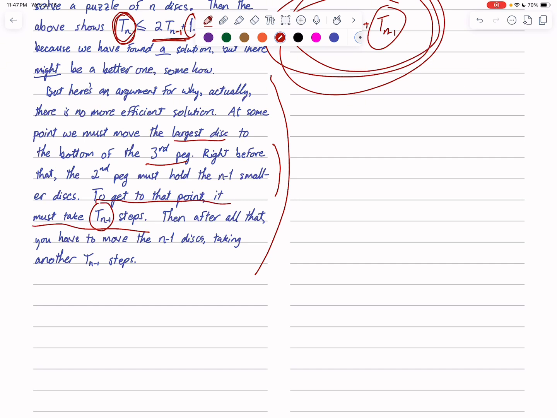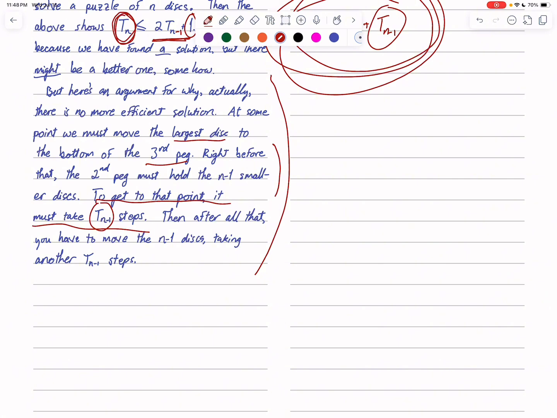You use 1 step to take that largest plate and move it over to the 3rd peg, and then from that point, you have to use Tn-1 steps to get all the n-1 plates or disks on the middle peg over to the 3rd peg. So, effectively, this is the argument that there could not be a more efficient way to solve the problem.